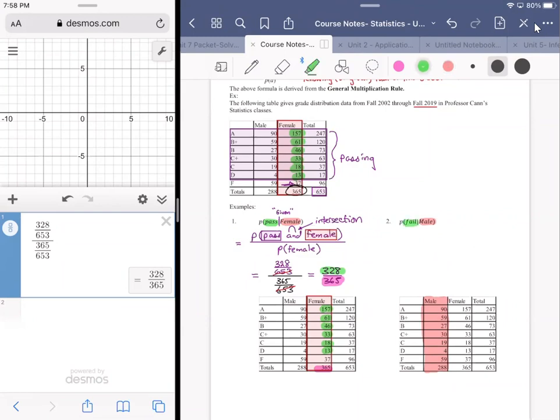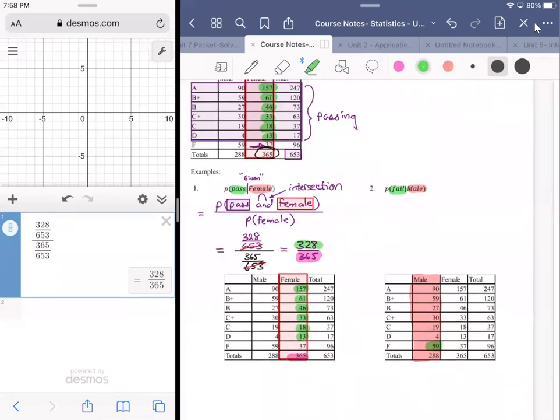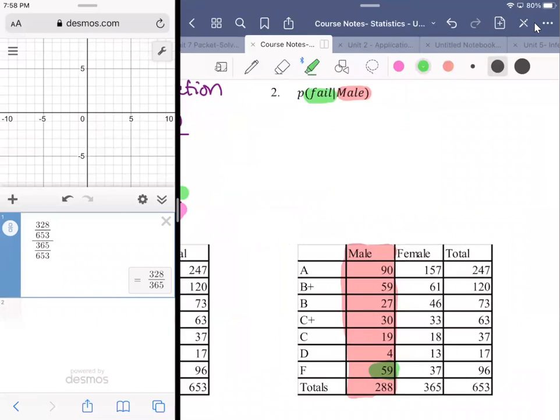So all I would do is count the number of F's within that subset, which is 59, and divide it by the total of males that are available. In this case, this one, 288.